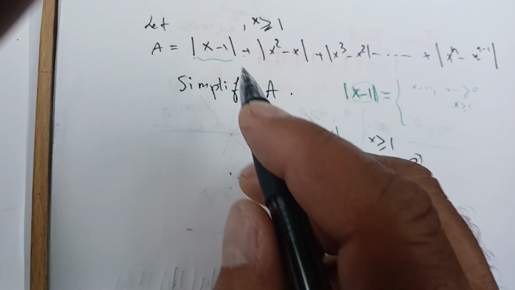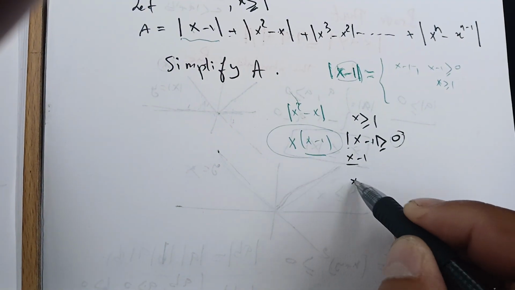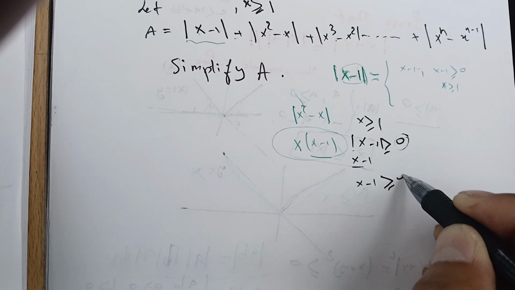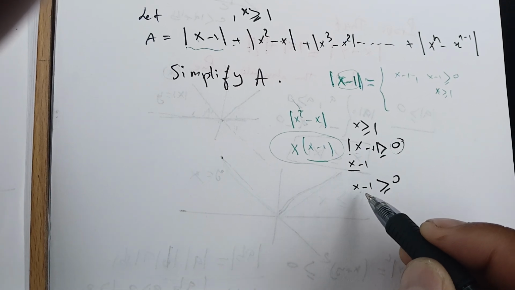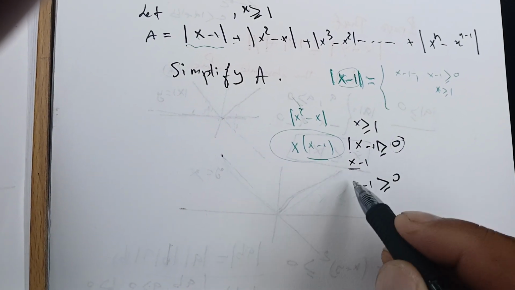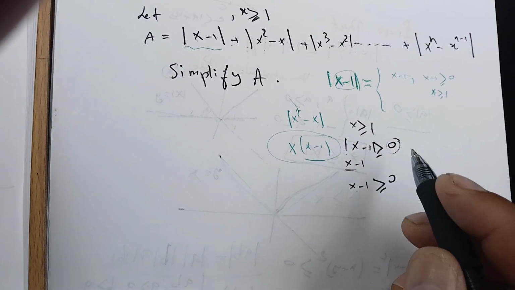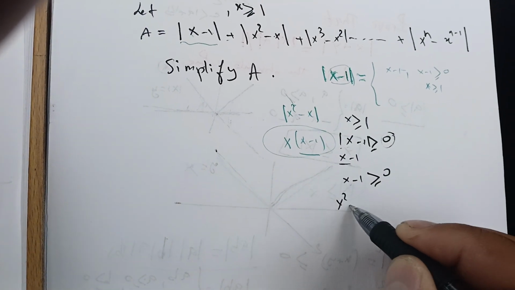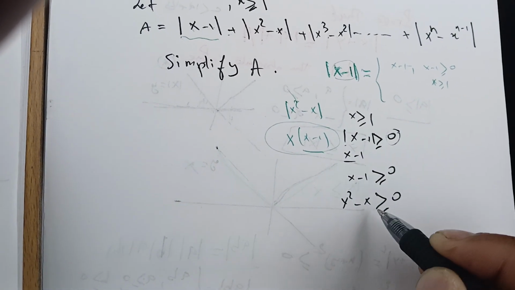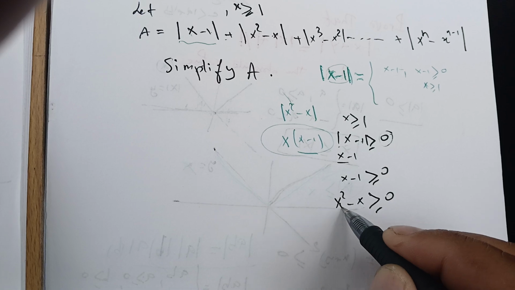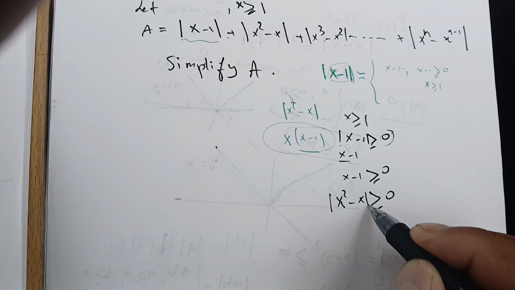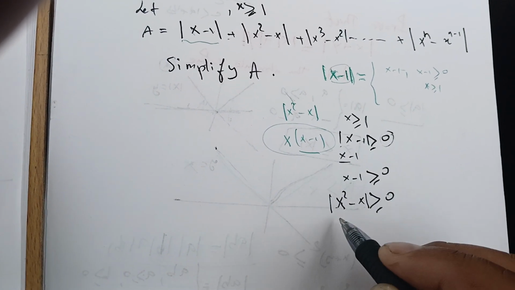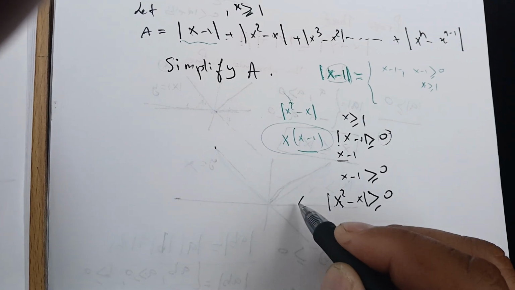So the next one: we have x minus 1 is bigger than 0. That means we can multiply by x because it's positive. We get x squared minus x bigger than 0. And when we take its absolute value, it's the same because it's positive, because x is bigger than 1.